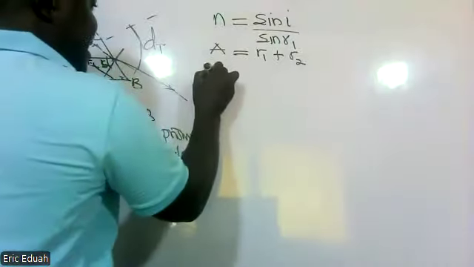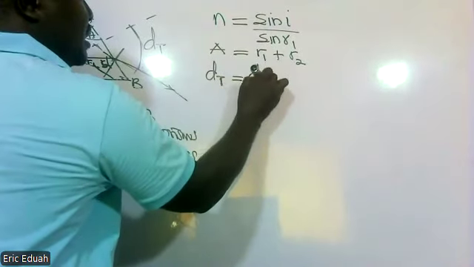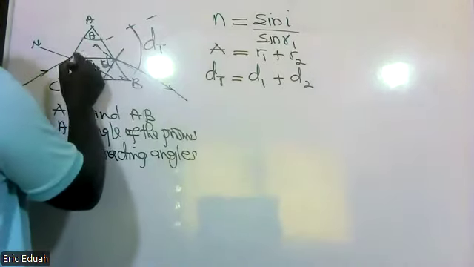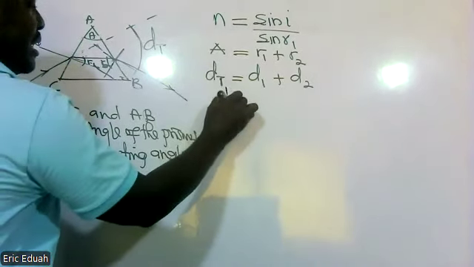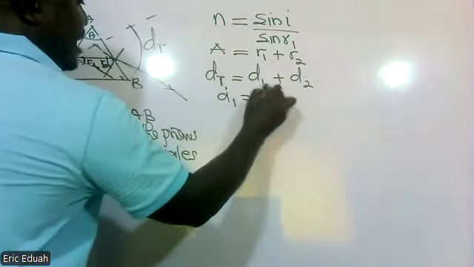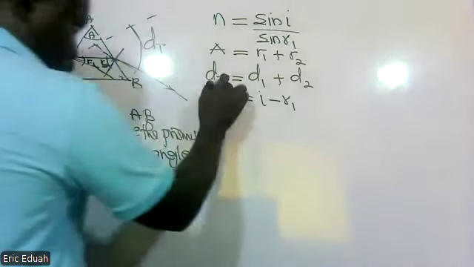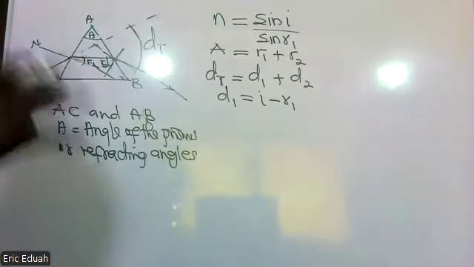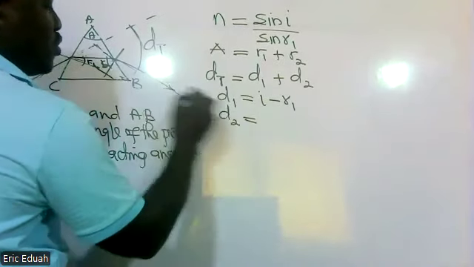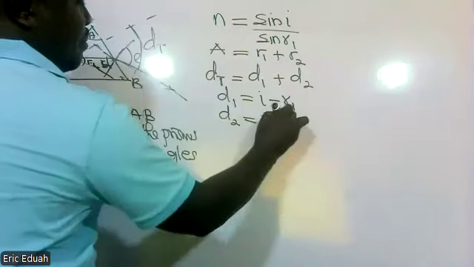We also deduce that the total deviation is equal to D1 plus D2, and we derived D1 to be equal to I minus R1. These are things we went through, which I'm just touching on so that we can move on. Then D2 is equal to the angle of emergence E minus R2.